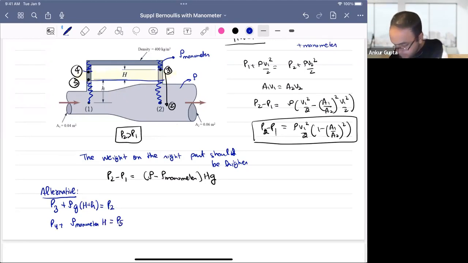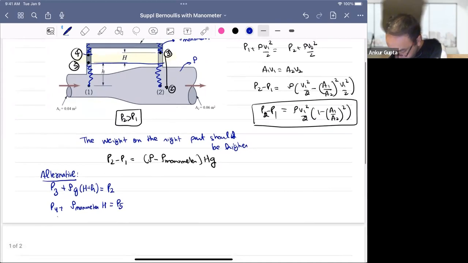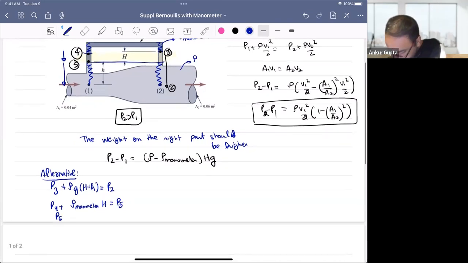And P5, which is this step that I'm now sketching with the arrow from 4 to 5, and then I'm going from 5 to 1, I can say P5 plus rho into H is equal to P1, right?